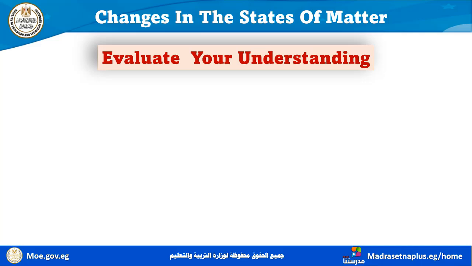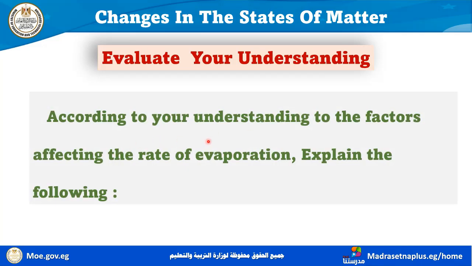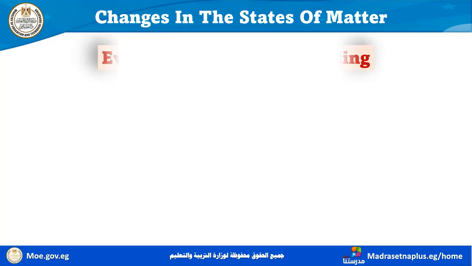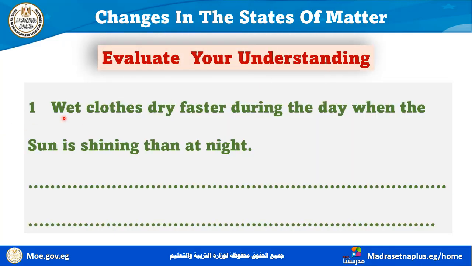Evaluate your understanding. According to your understanding of the factors affecting the rate of evaporation, explain the following. The first case, number 1: a wet cloth dries faster during the day when the sun is shining than at night. As we have explained in the previous slides, the rate of evaporation is affected by the temperature of the surroundings.